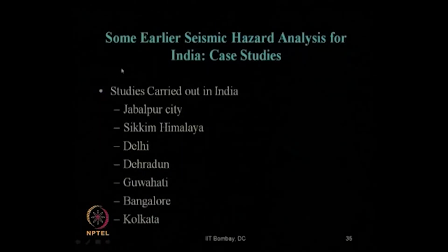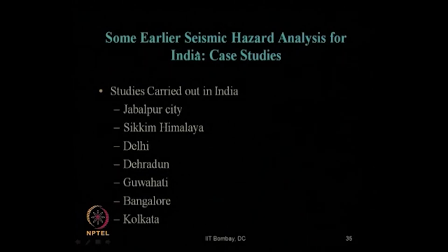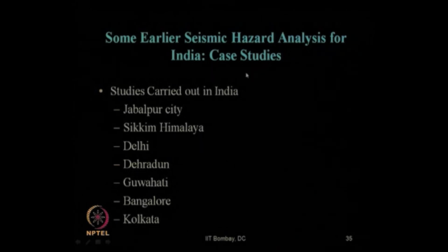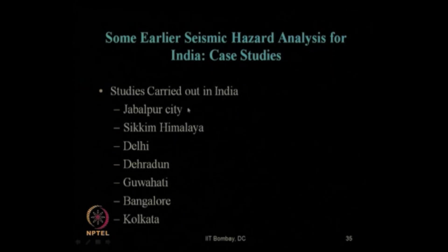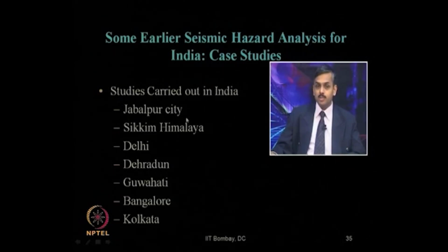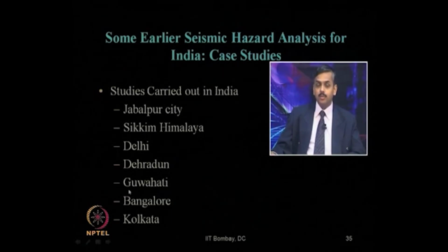Now, some other researchers earlier also did several seismic hazard analyses for entire India and for different cities of India. Various case studies are available in various sources in the literature. Studies are mainly carried out in India for Jabalpur city, Sikkim Himalaya, Delhi, Dehradun, Guwahati, Bangalore and Kolkata.